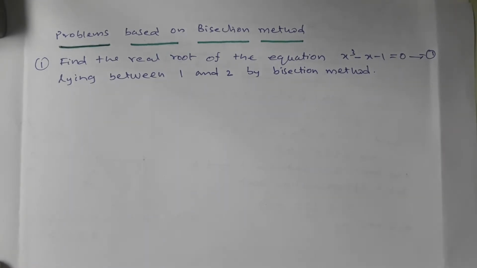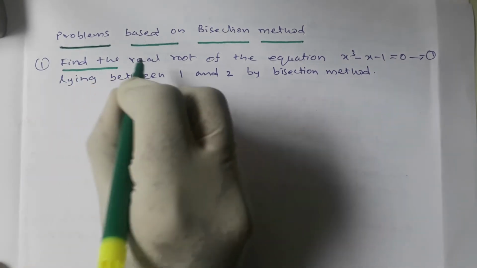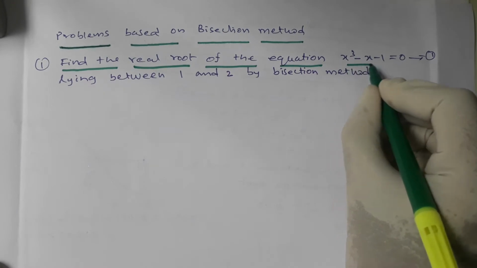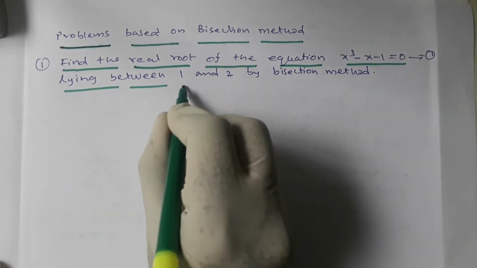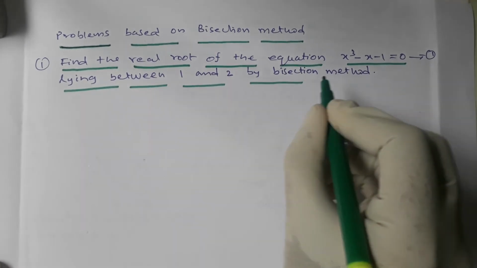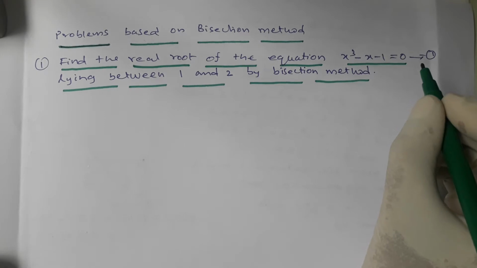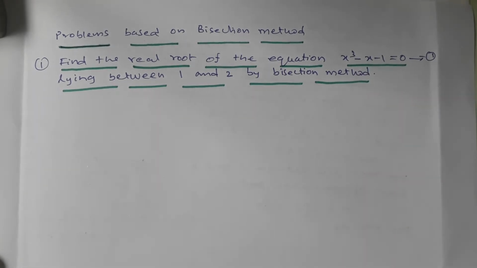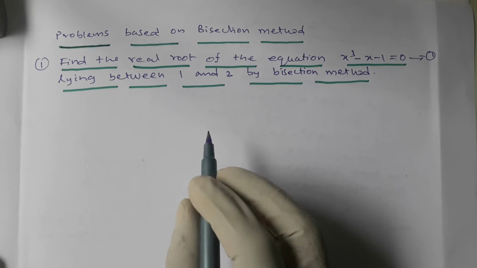As the problem says, it is a cubic equation. Find the real root of the cubic equation lying between 1 and 2 by the bisection method. A quadratic equation you know how to solve, and there we have the roots. Similarly, here we find the real root of this cubic equation.